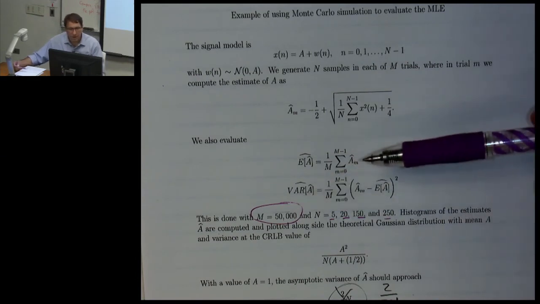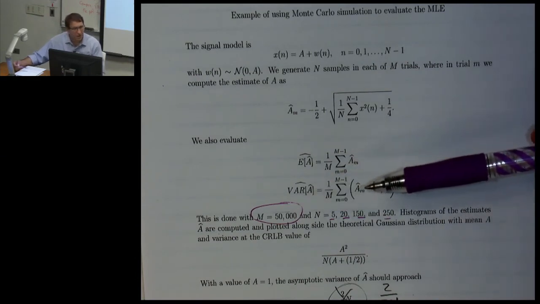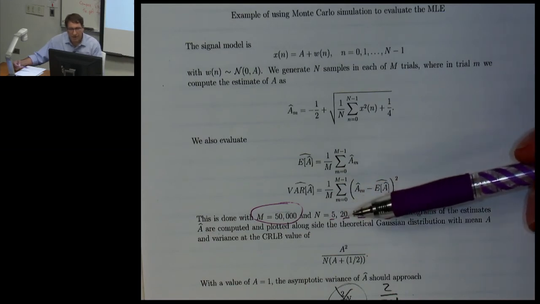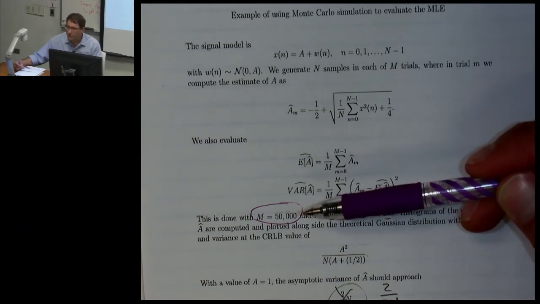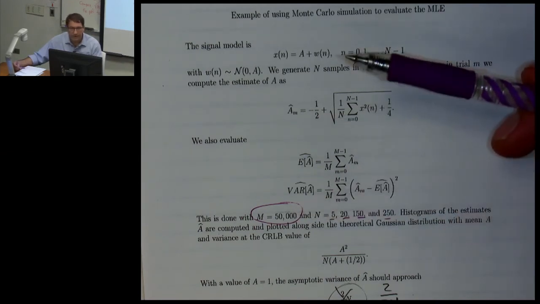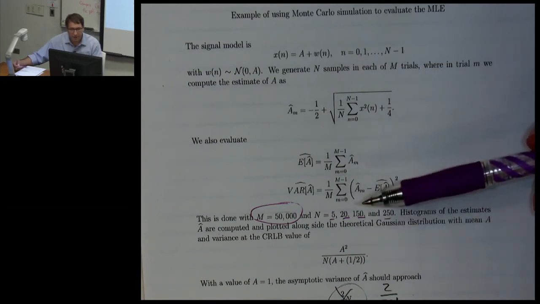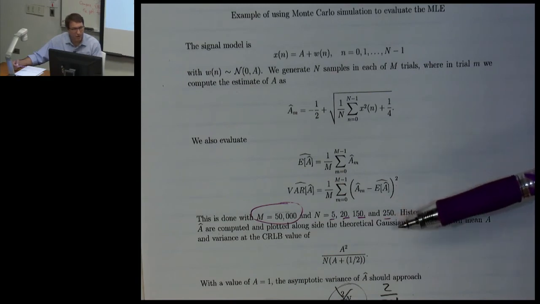Calculate this quantity and form the histogram. Then go back, change the value of n to 20, and generate 50,000 sets of 20 random values, do all the calculations, etc. Do the same thing for n equal to 150, and the same for n equal to 250.